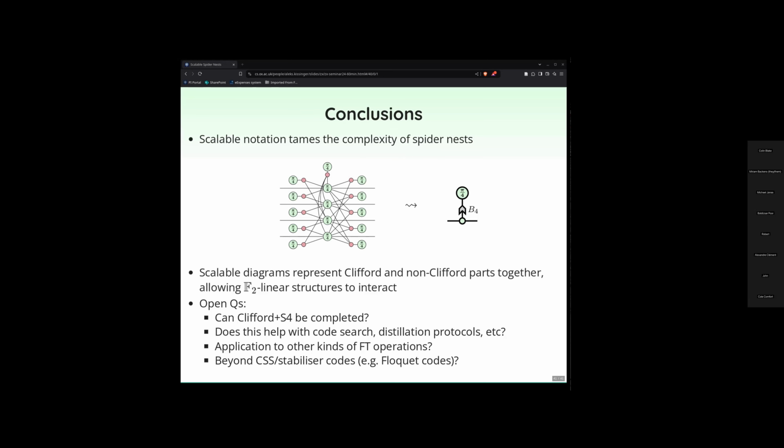Yeah, so the thing that you mentioned is the Eastin-Knill theorem. There's this no-go that any quantum error correcting code which is non-trivial, so it can detect arbitrary single qubit errors, necessarily does not have a universal set of transversal gates.